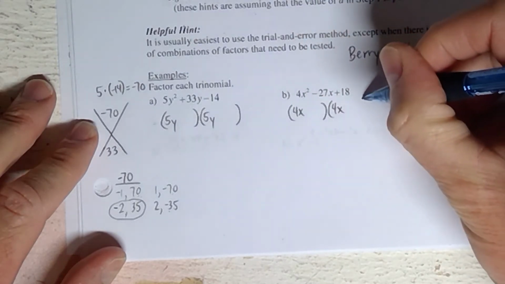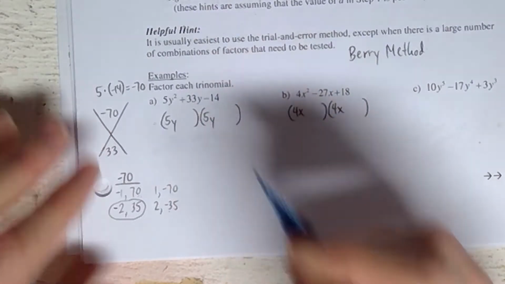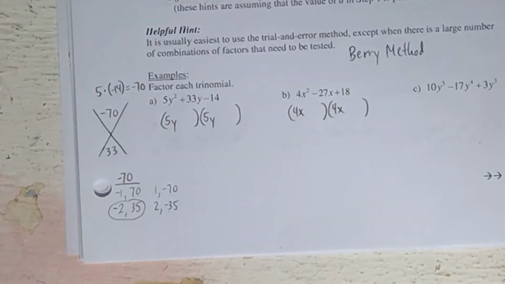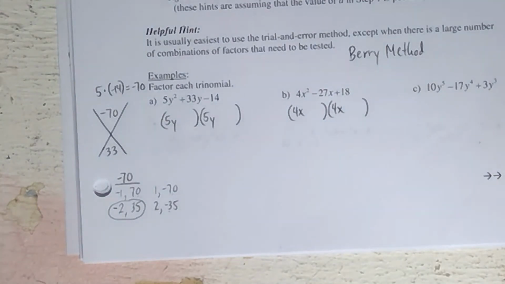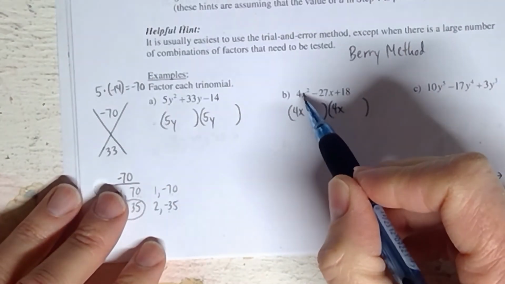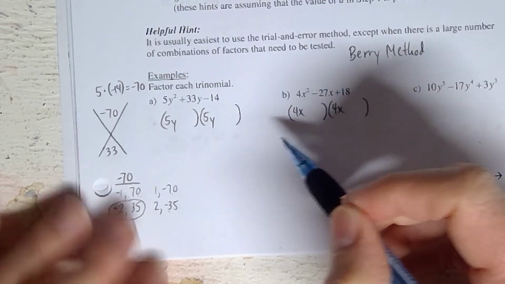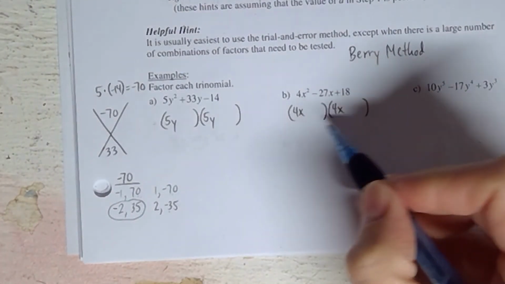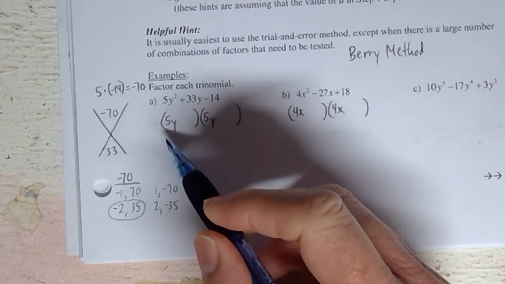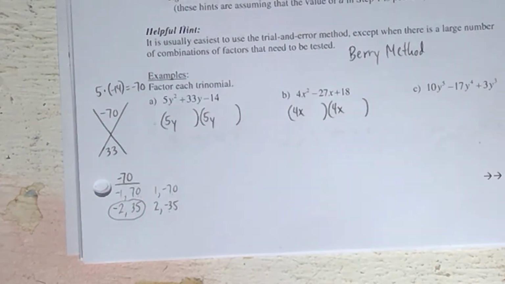So if it's 5y squared, you do 5y and 5y, assuming that you didn't factor out any GCF before that, which would then change that. But assuming you're on the step where you're doing the Berry method and the GCF step's already done, if it's 4x squared, you do 4x and 4x. If it's 5y squared, you do 5y and 5y. Okay, and we'll see plenty of examples of this.